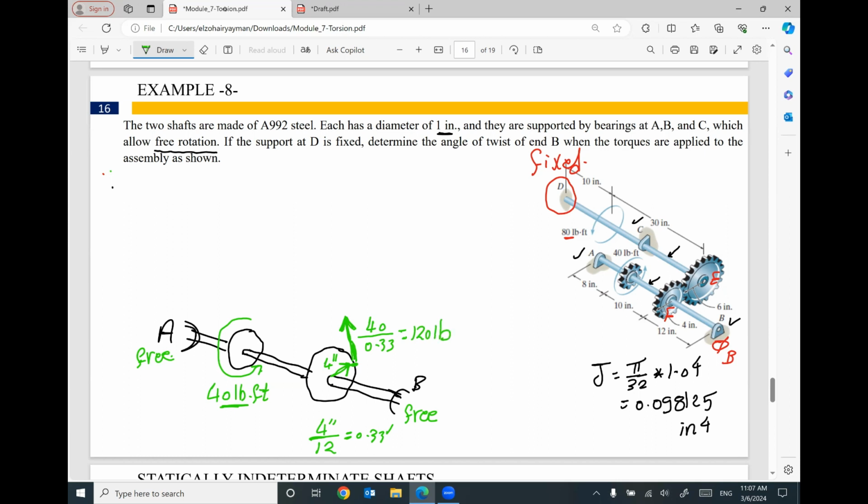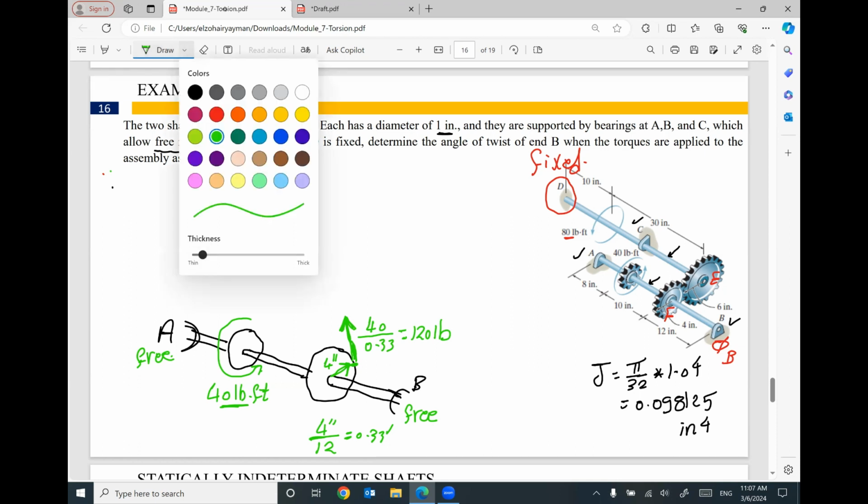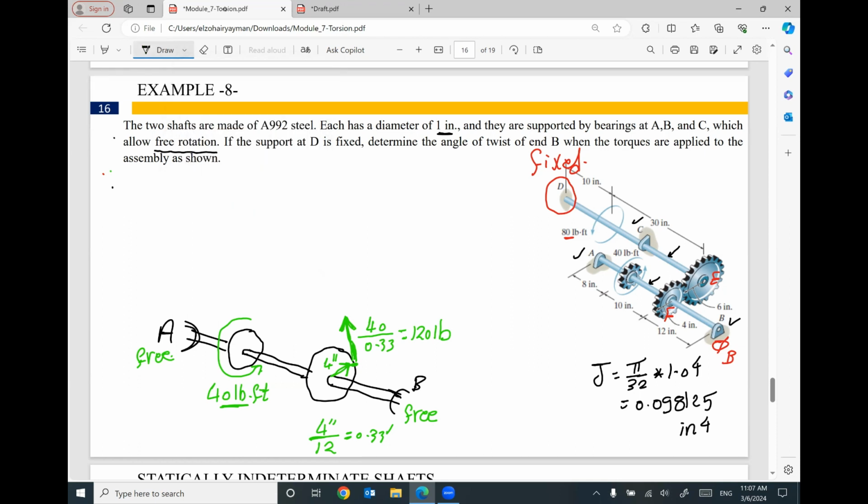That makes sense? Keep in your mind, the second shaft, we have another gear here connected to the shaft, which is connected at D as fixed. And keep in your mind this shaft is under the effect of a torque rotating counterclockwise, 80 pound-foot.